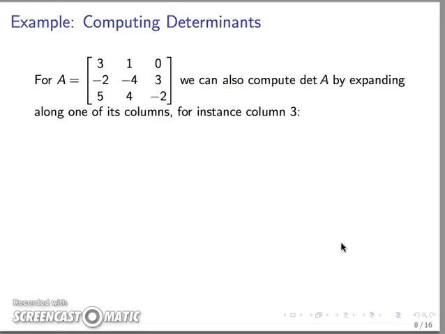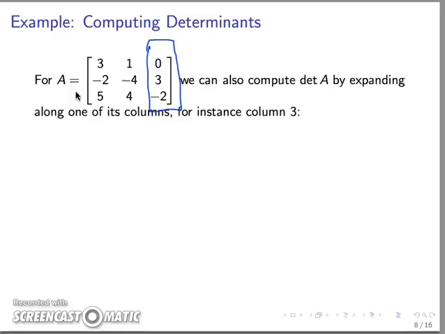Following up with this idea, we can verify that the determinant of this matrix is still the same value, no matter if we choose to expand over something different than the first row.